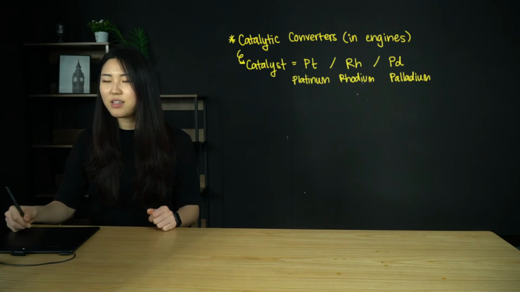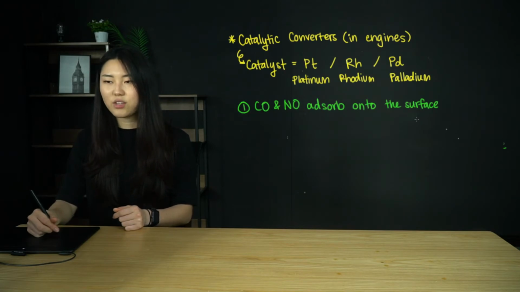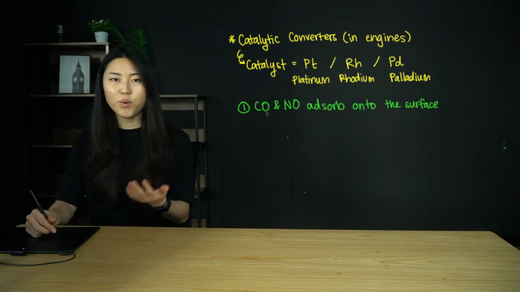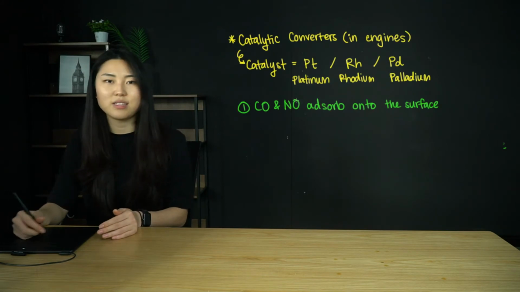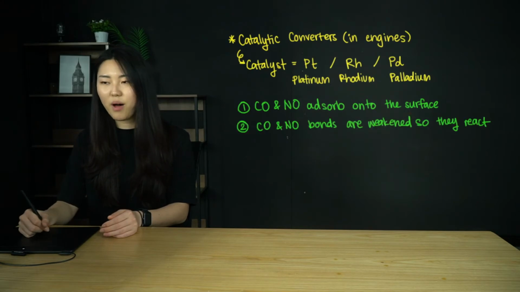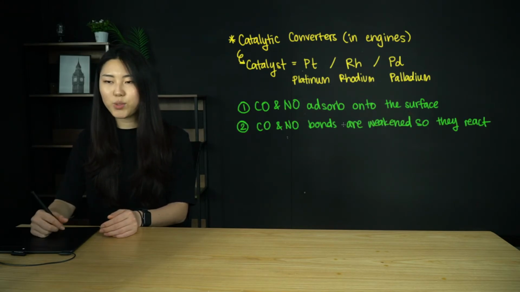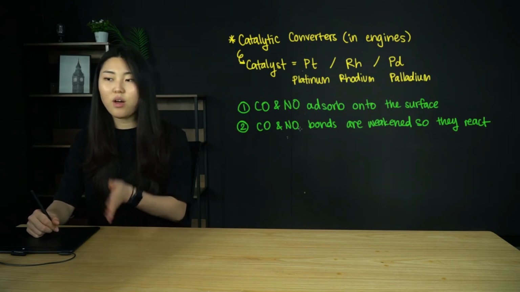Basically what happens first of all is that carbon monoxide and nitrous oxides, if they form, are going to adsorb onto the surface of one of these catalysts. Then the CO and NO bonds are weakened, so the bond between C and O and the bonds between N and O are weakened.